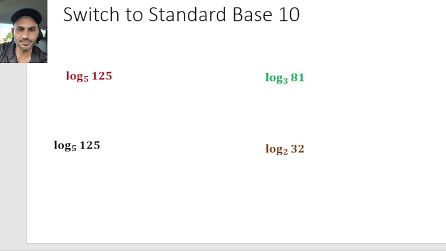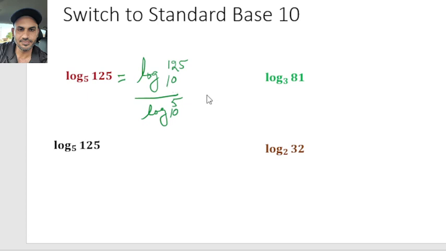So if we look at this one right here, if we want to switch it to base 10, we have log of 125 with base 10 divided by log of 5 with base 10. So now we switch that, and we can go ahead and put that in our calculator.